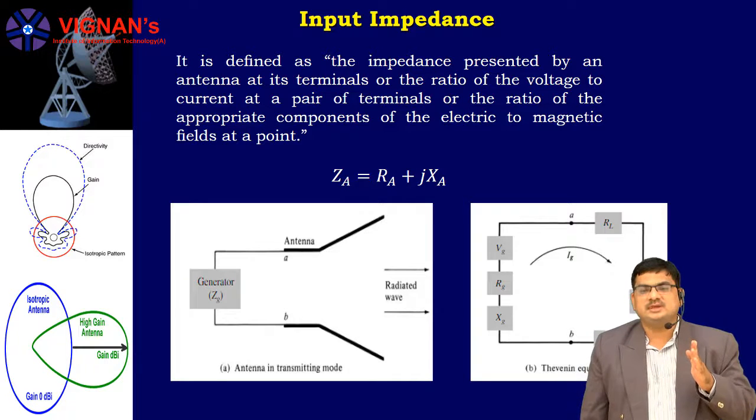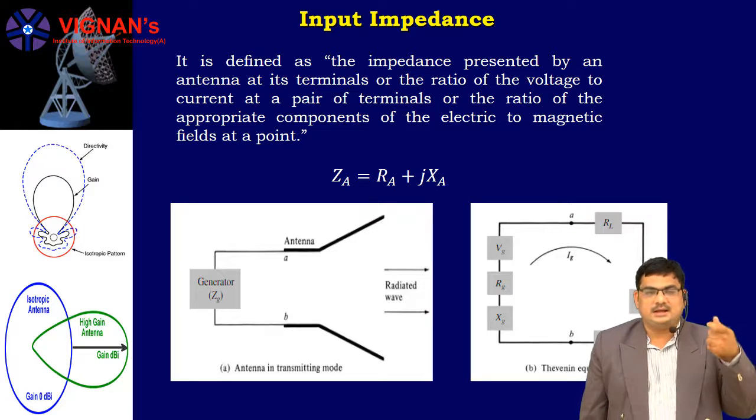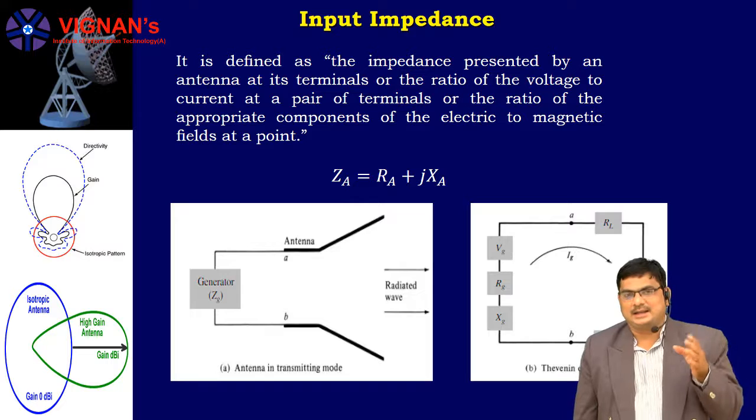Because some power is dissipated on the input side, there will be some loss. Due to this loss, near the antenna some fields are missing.